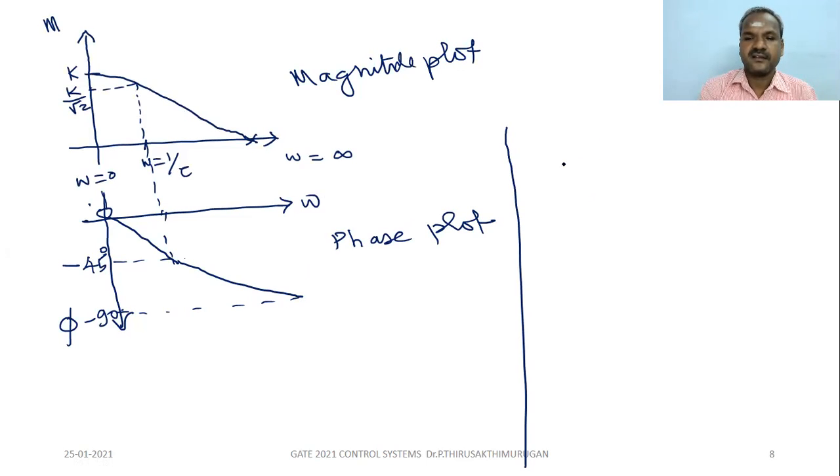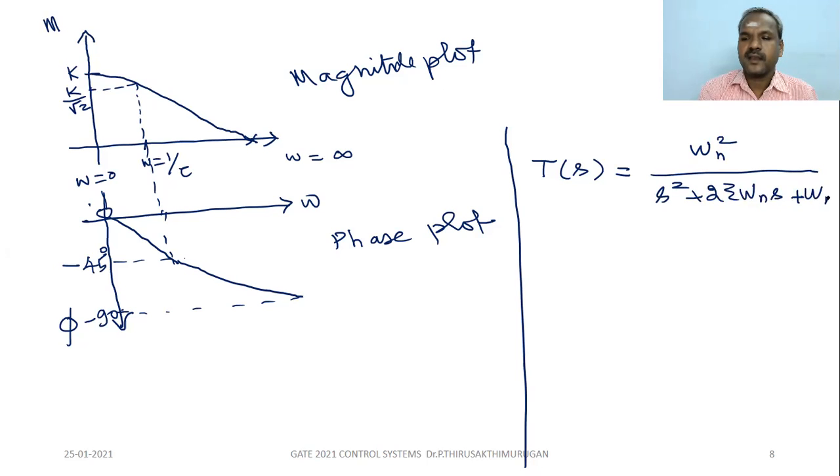So what is the second order system? T of S, a second order closed loop system, is omega n square divided by S square plus 2 zeta omega n S plus omega n square. Clear? So this is the transfer function model.